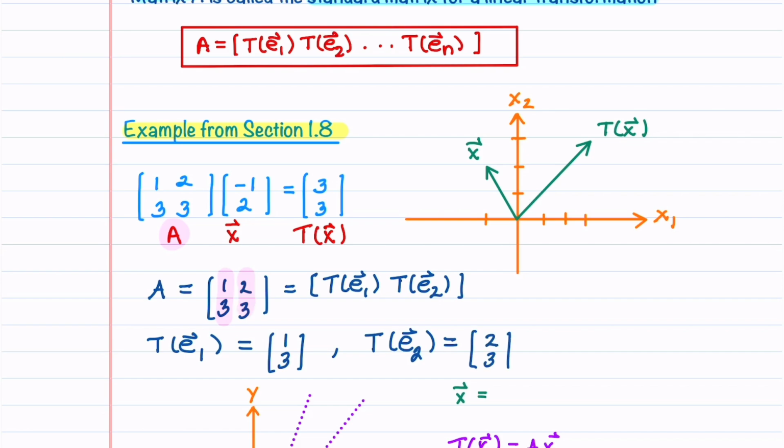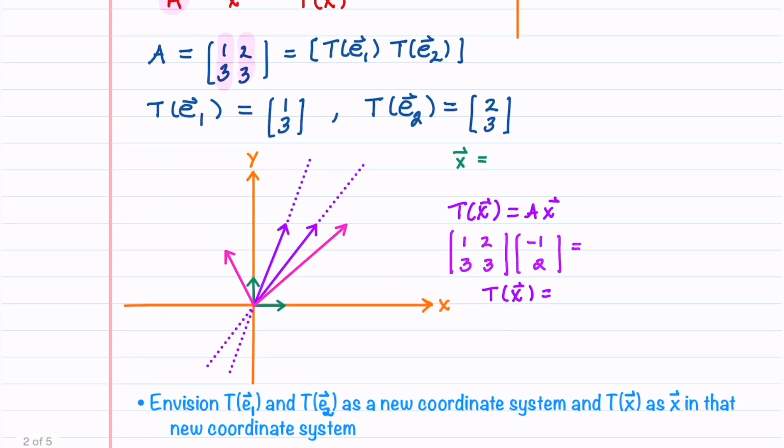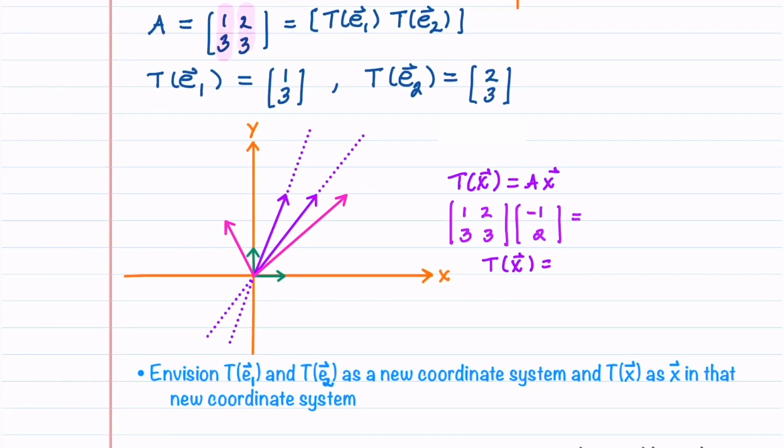In our diagram below, our green vectors are e1 and e2, and our purple vectors are the transformations of these green vectors, and they're equal to T of e1 and T of e2.